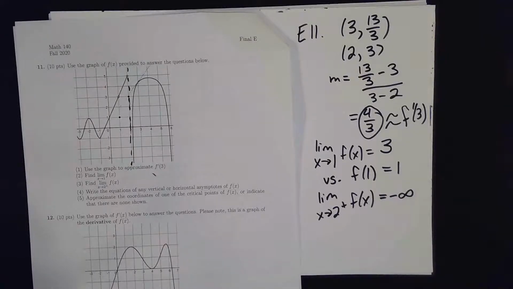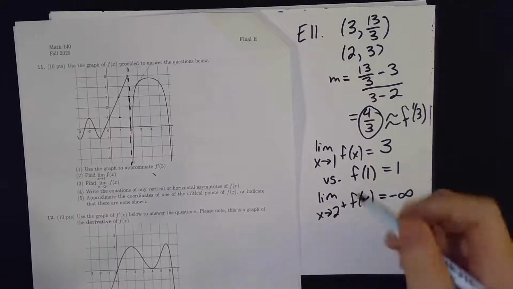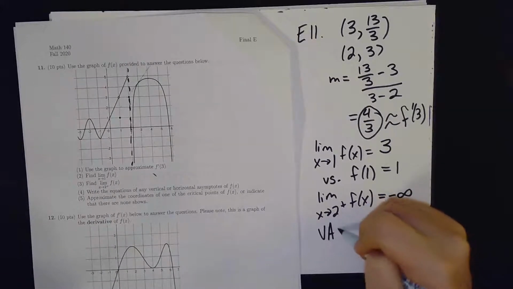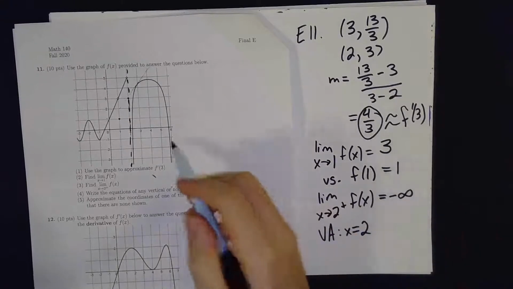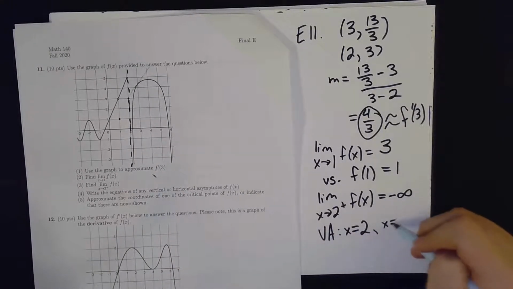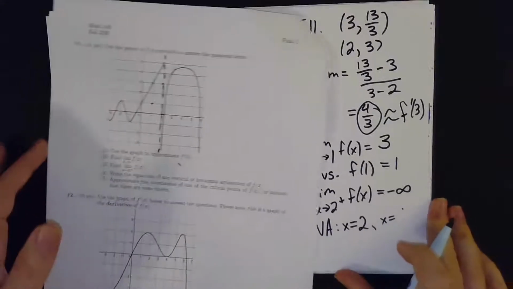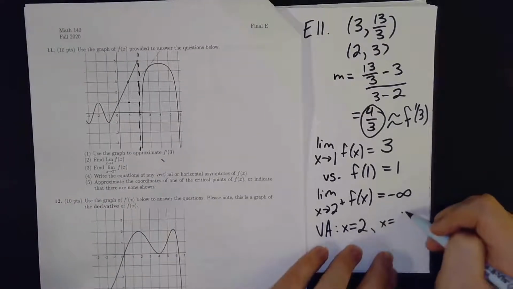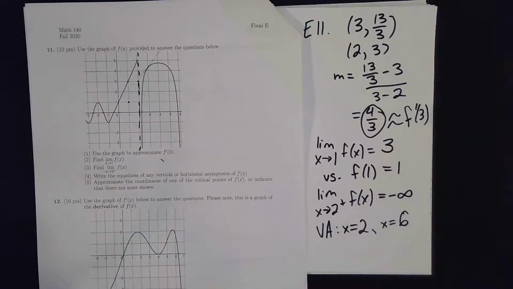This function has two vertical asymptotes. Namely one that we just discovered at 2, but also one at 6. And as it would happen, there are no horizontal asymptotes shown in this graph.